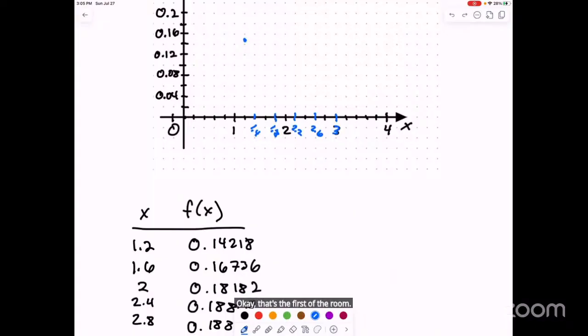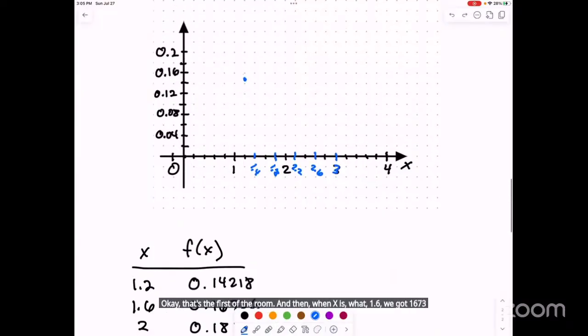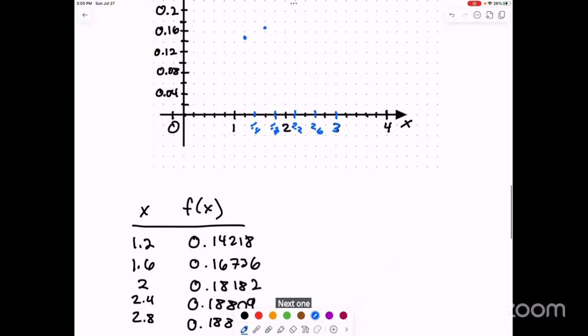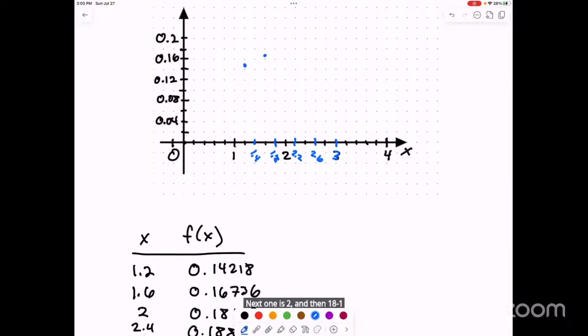And then when x is 1.6, we got 16.736. If that's 16, that's 18, 17, so 16.736 is about there. Next one is 2, and then 18.182. That's 18, 19, so right about there.